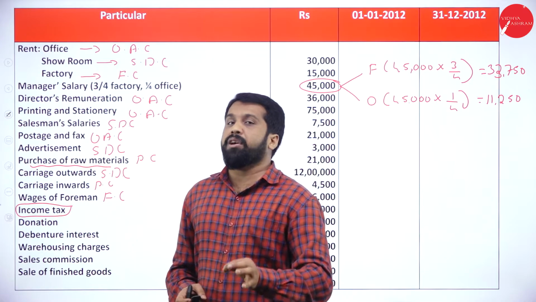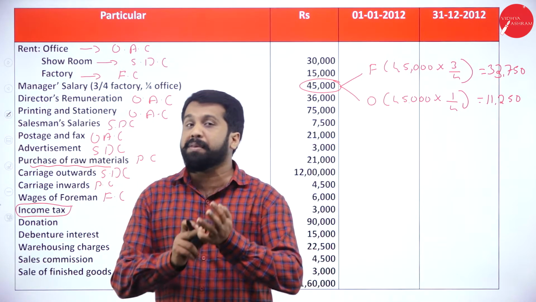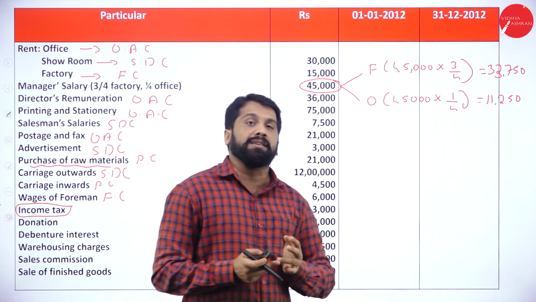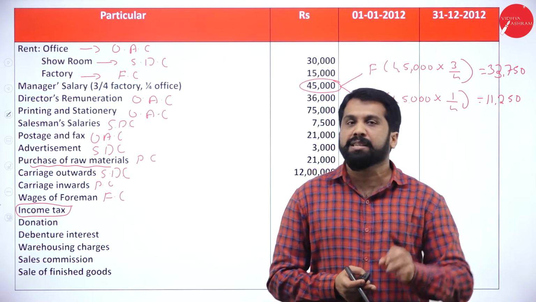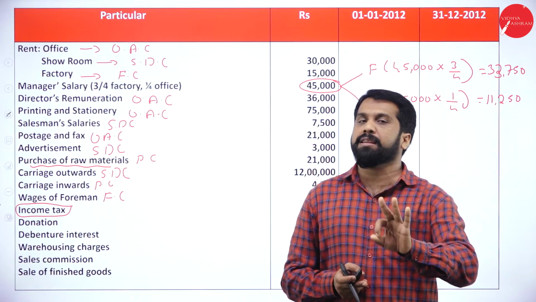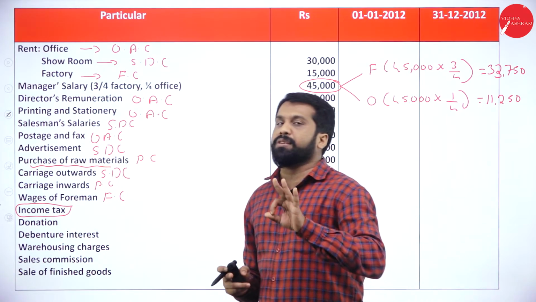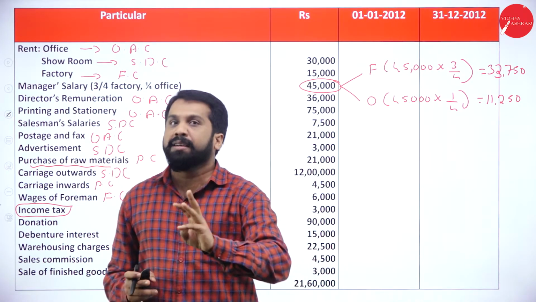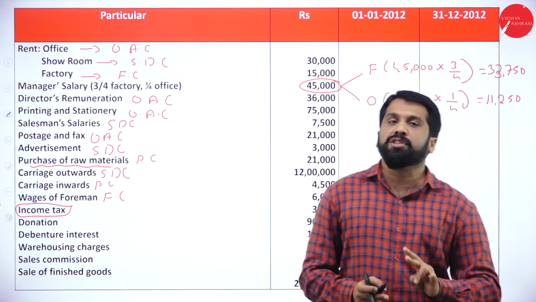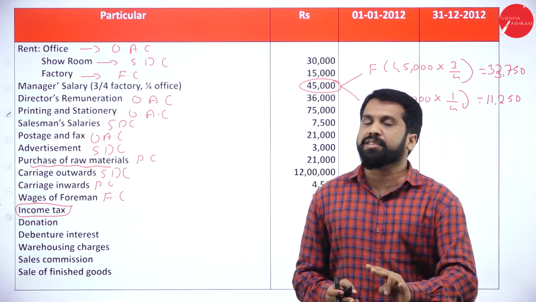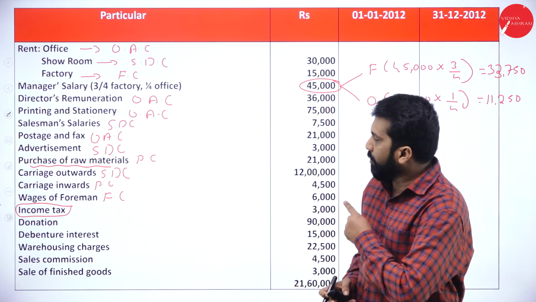That's why in your cost sheet, always remember, anything related to debentures, interest or income tax, we will not consider. Again, I'll repeat, if you want, you can write it down also. Anything related to income tax, debentures or interest, these things we will not consider for your cost sheet.